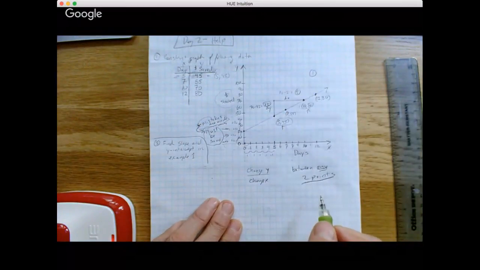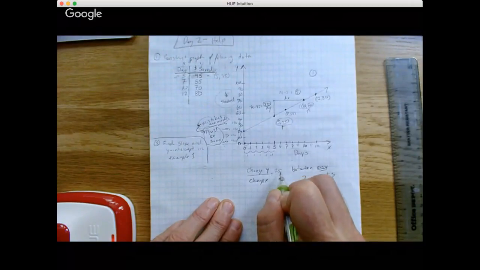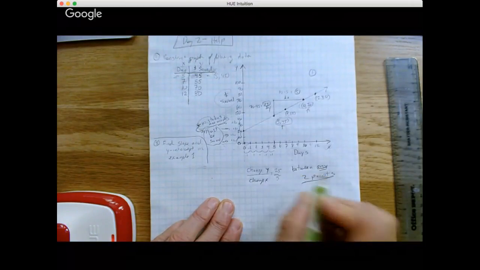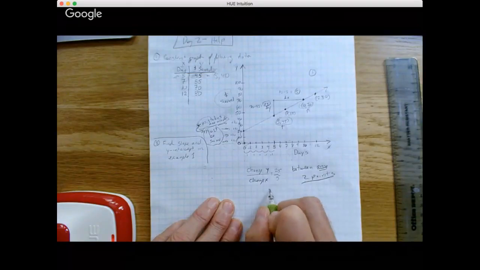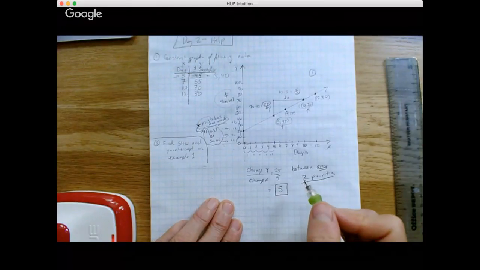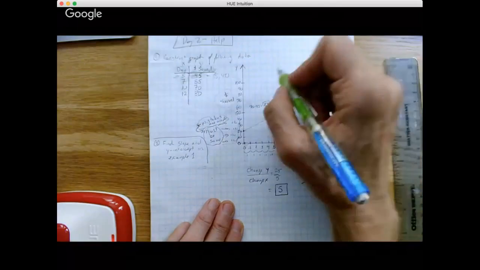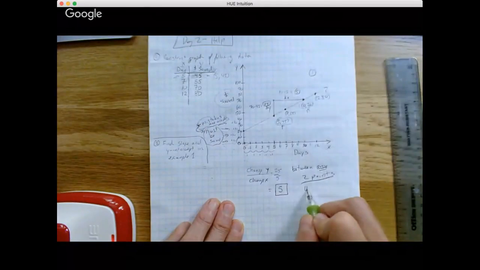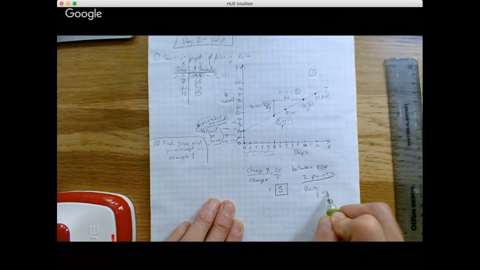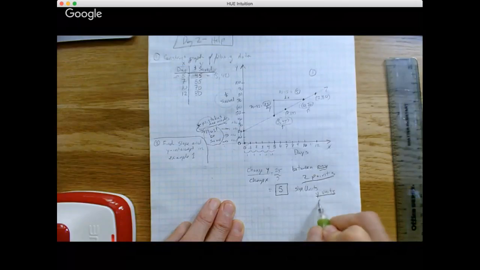Okay. Now, if our change in y is 25 and our change in x is 5, then our slope is 25 over 5. So our slope is 5. But we still need our units. Our slope units are our y units divided by our x units.